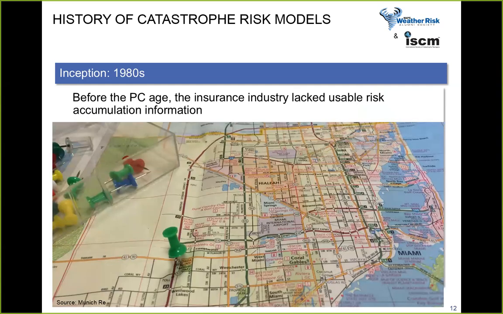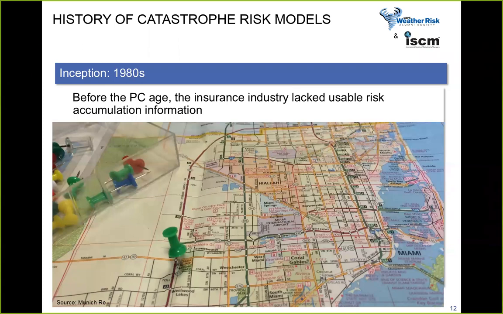And essentially what individual underwriters did, or agents at their desks, they'd have a map on a cork board, and they would use push pins to identify where their risks are in a given location. Now, of course, this isn't very portable and difficult to aggregate up. So most insurance companies in the 1980s really did not have any true sense of what their accumulations of exposure were in certain areas that are highly exposed to natural catastrophe risk, including South Florida and Miami shown here.